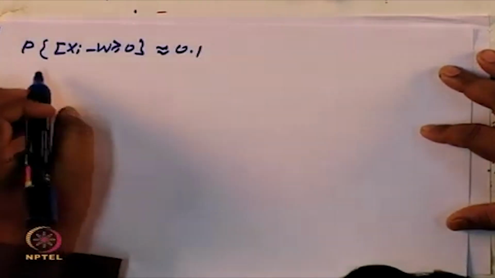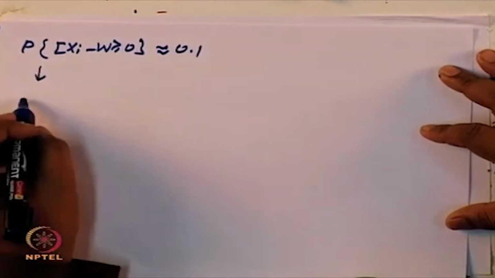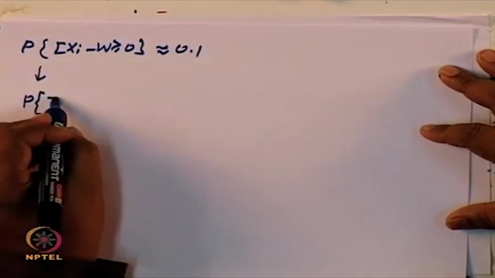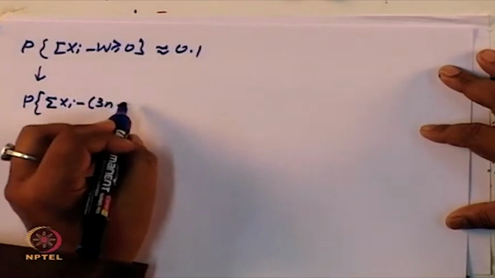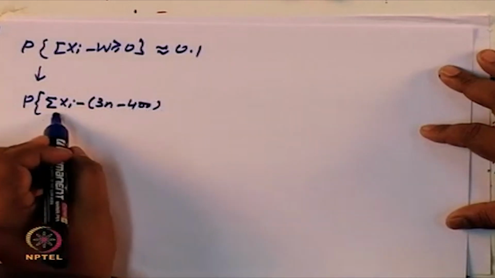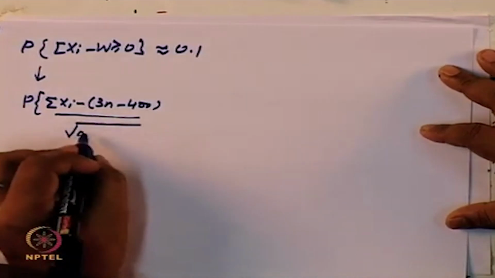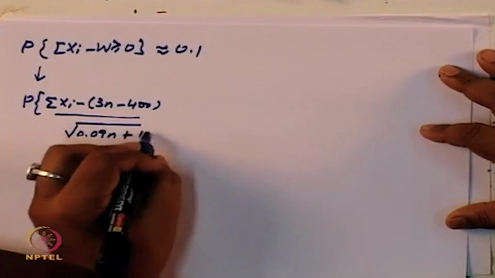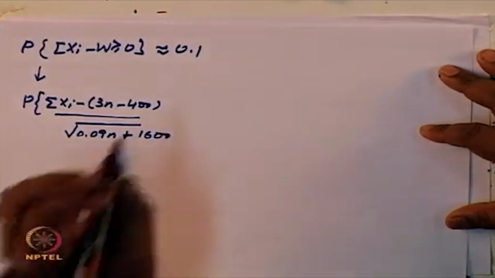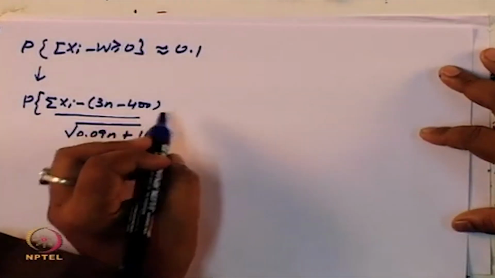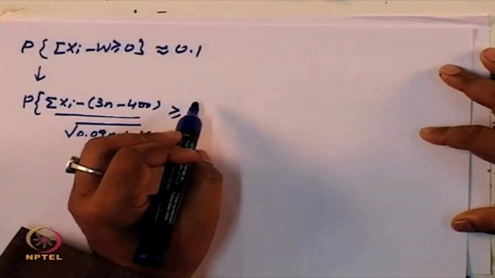So, probability of summation xi minus w can be written as probability of z, or summation xi minus the mean 3n minus 400, divided by root of 0.09 n plus 1600, because the variance was 0.09 n plus 1600, is greater or equal to 0.